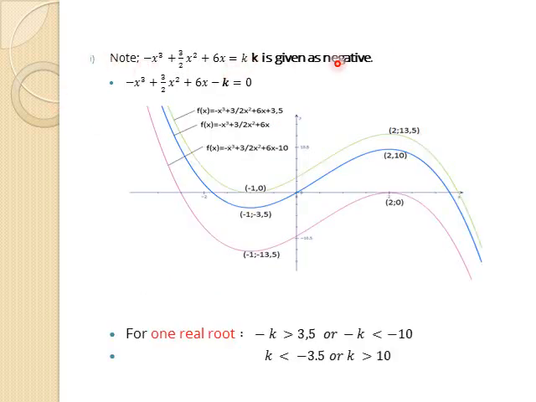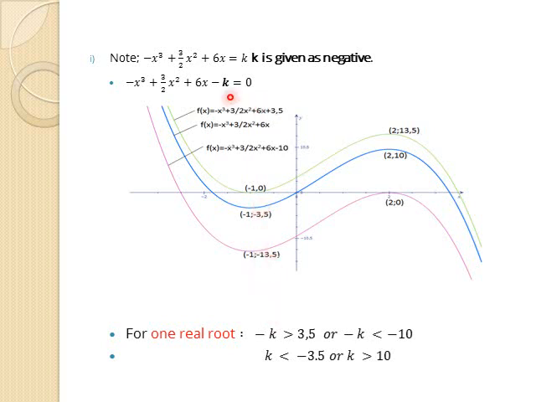This is given, very important: from the equation I must make the equation equal to 0. So if I take k over, I'm dealing with negative k equals 0. So here, for 1 real root, I have to move more than 3,5 up. So I have to think.